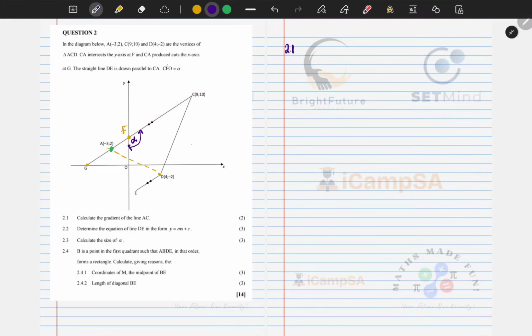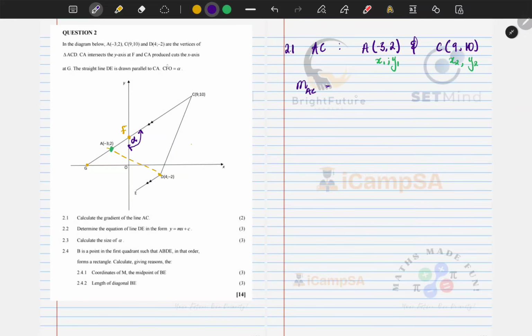So remember, you have your AC and your A being -3 and 2, and then you have your C being 9 and 10, right? So this can be your x1, y1, and then your x2, y2. And so we are being asked to calculate the gradient of AC.